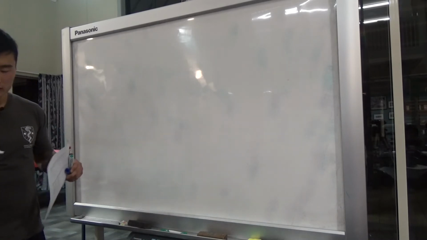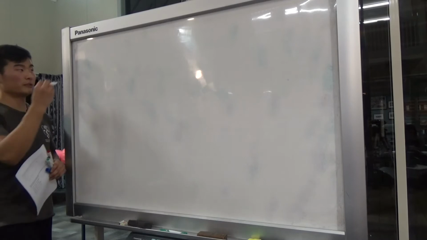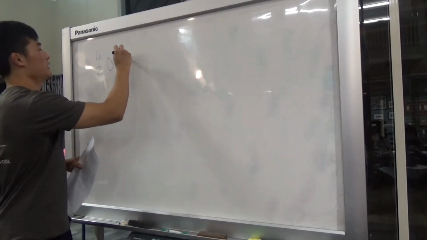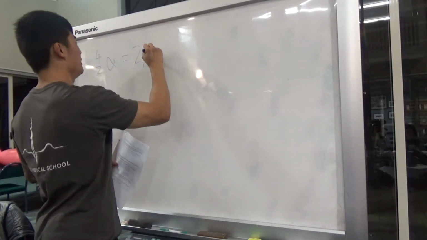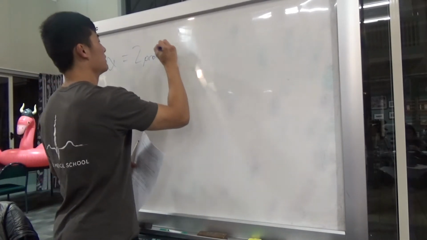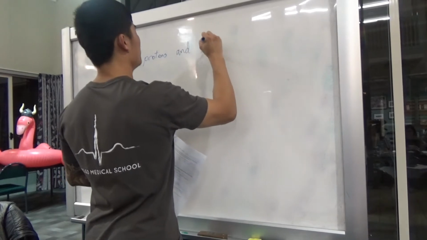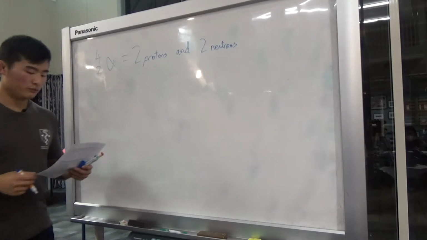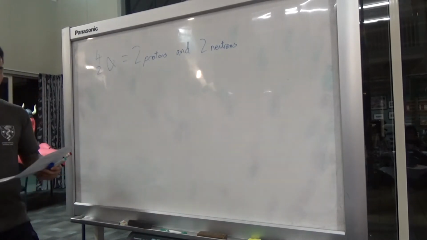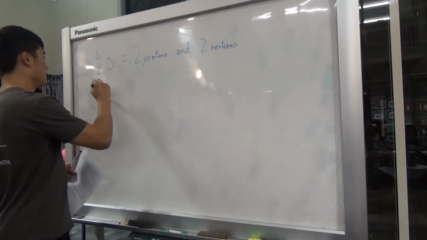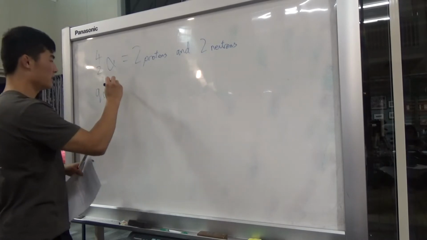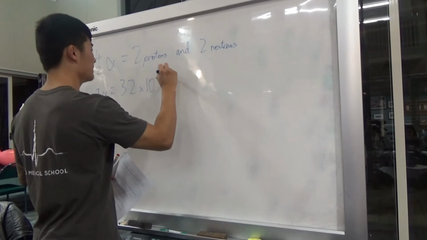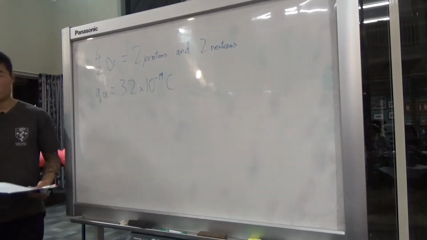I'm sure you all still remember what an alpha particle is: it's just 2 protons and 2 neutrons. So we need to know its charge. The charge on an alpha particle is 3.2 times 10 to the negative 19 coulombs, which is just the charge of 2 protons.